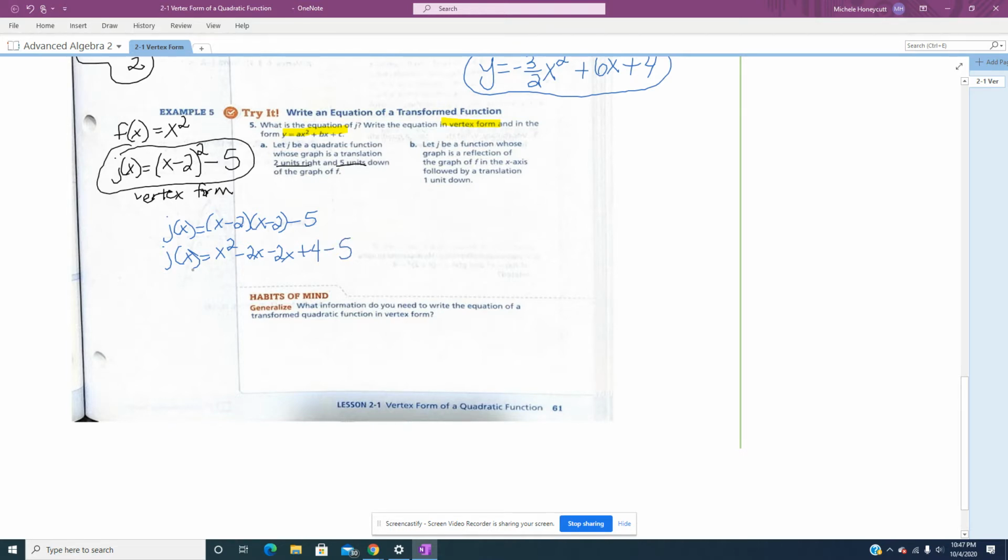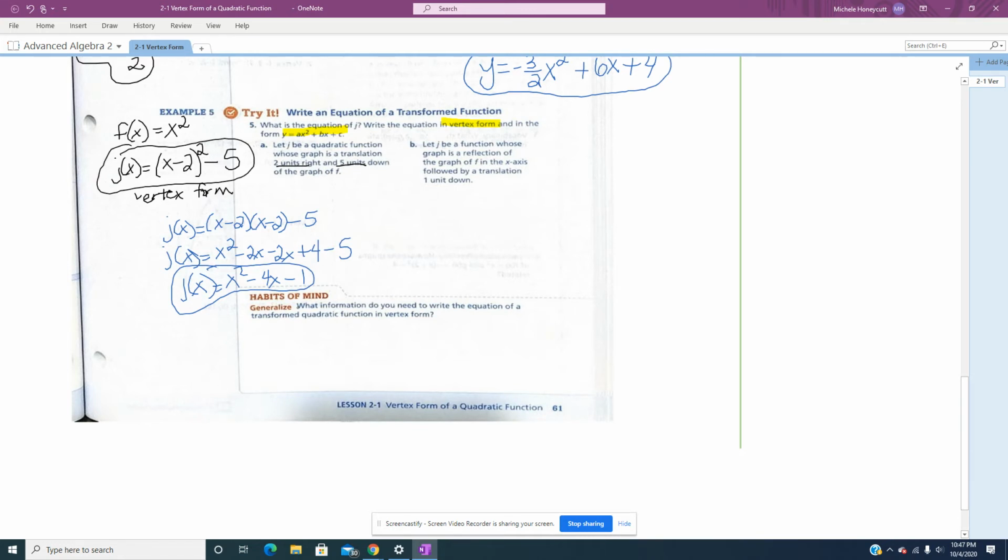Combine all my like terms, and J of x equals x squared minus 4x minus 1. Yeah, so that is the standard form. So those are both vertex and then standard form.